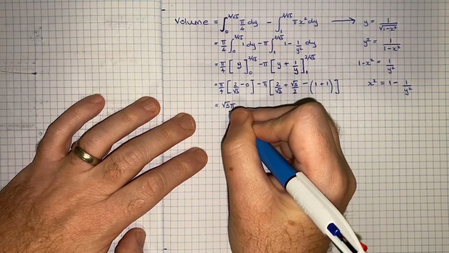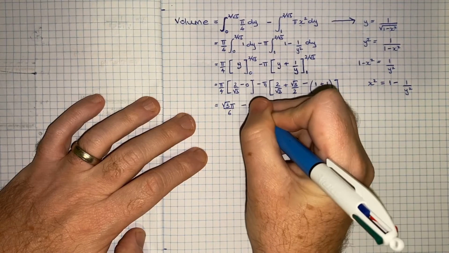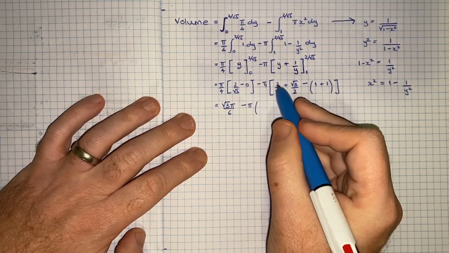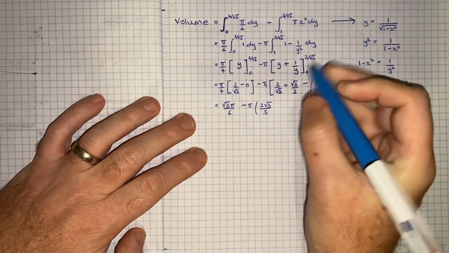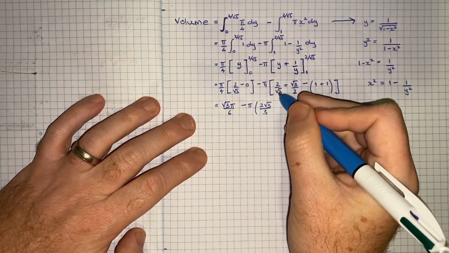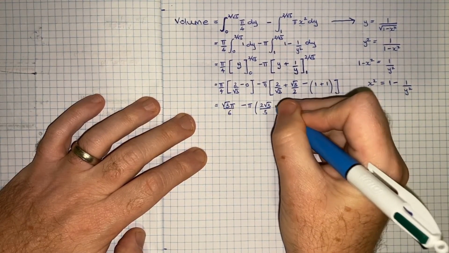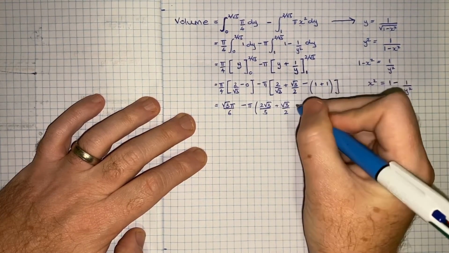So we get root 3 pi on 6 for this here, minus pi, and maybe I'll just keep these brackets, and we'll get 2 root 3 on 3 for this. I've just rationalized the denominator there by multiplying by root 3 on root 3, plus root 3 on 2 minus 2.